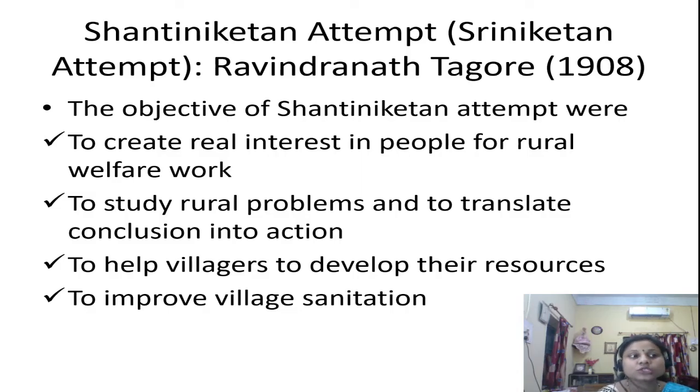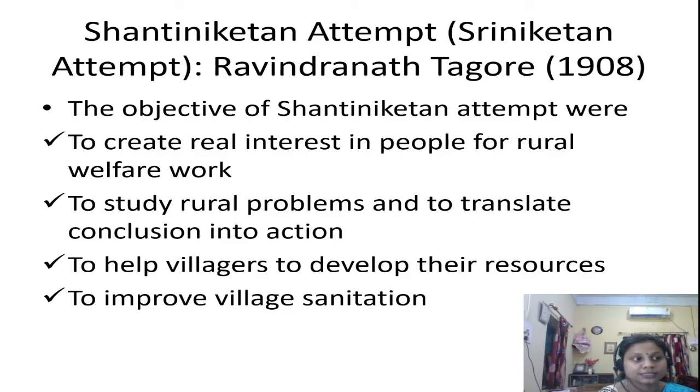In the context of agriculture and allied sciences, apart from establishing a university for imparting education, focusing on women empowerment and women's education, he also made some deliberate attempts to bring certain changes in agriculture and allied sciences.